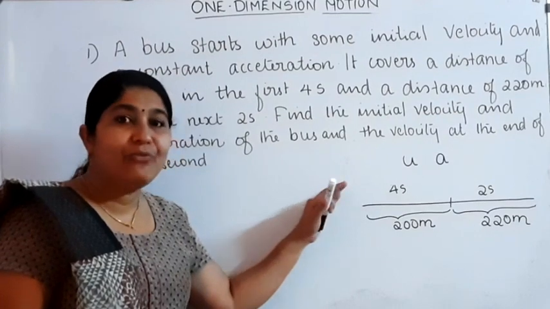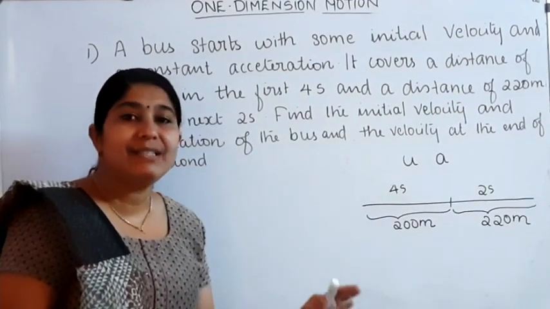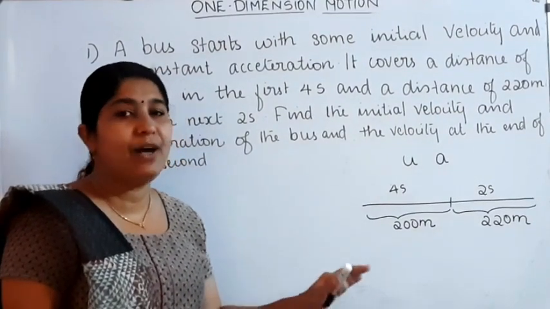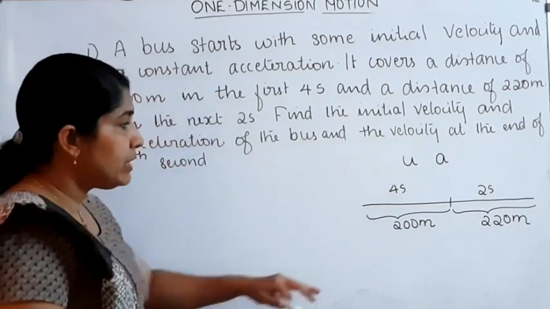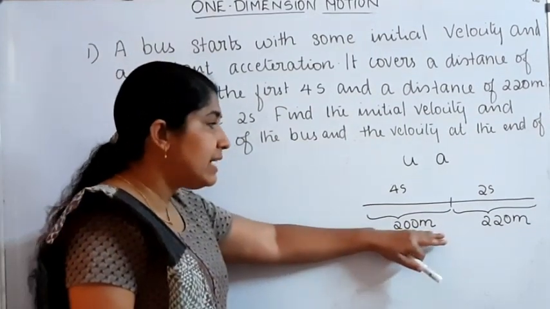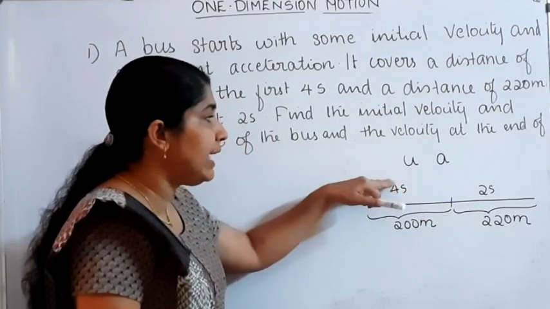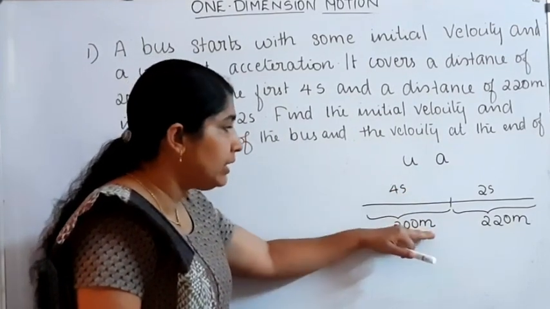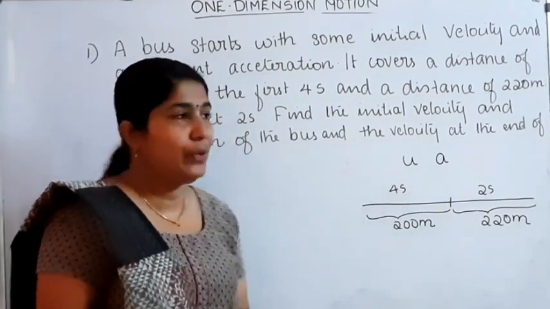In this question, we can use the equation s is equal to ut plus half at square, because the displacement of the body is given and also the time taken to cover that distance is given.